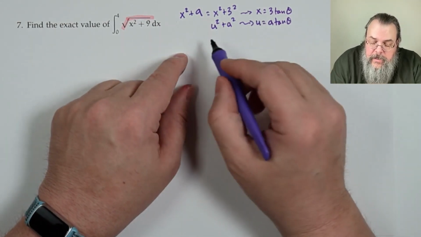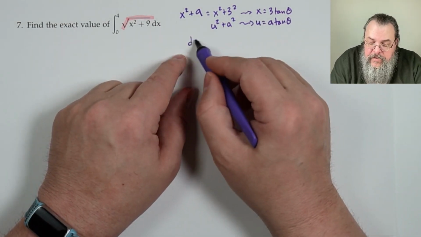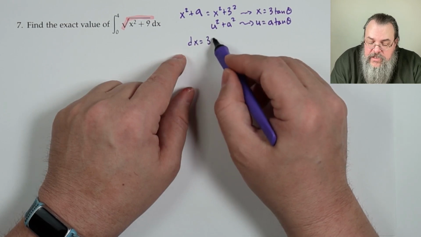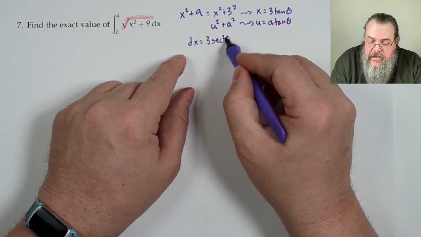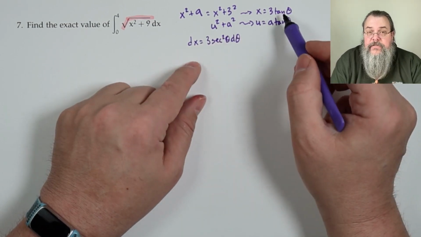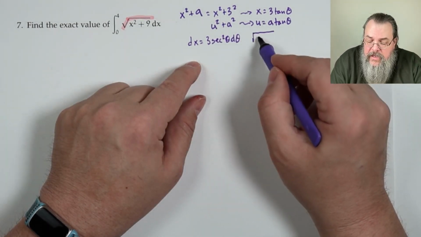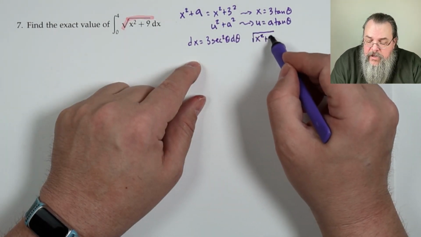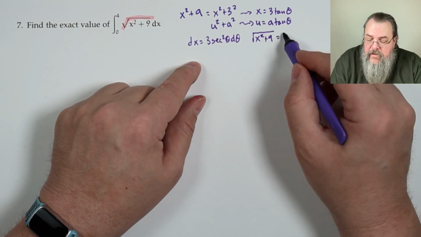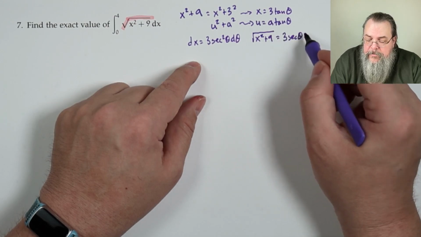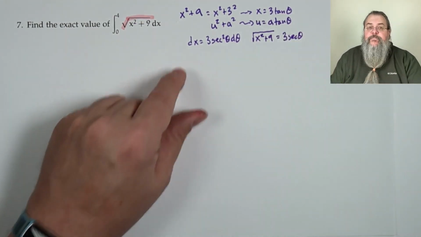Now, a couple of notes. We can find dx. That's 3 secant squared theta d theta. Right, derivative of tangent is secant squared. And if you go through and clean it up, square root of x squared plus 9 is 3 secant theta. Okay. All right.